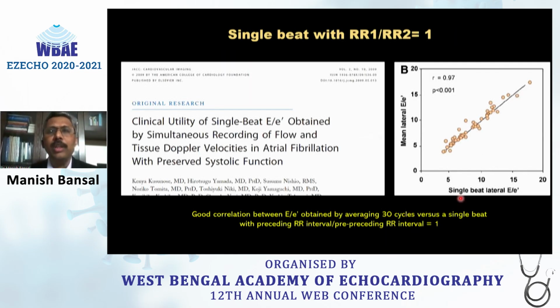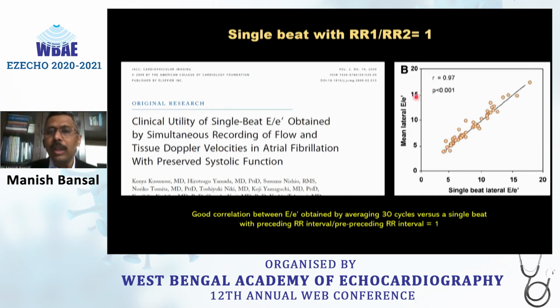Now, for diastolic function, the relationship between the preceding cardiac cycle and the diastolic function parameters in the next cycle may not be that straightforward, but even there, this method seems to be working pretty well. This is a study published in JACC Imaging in 2009. Again, the investigators looked at 30 cardiac cycles.